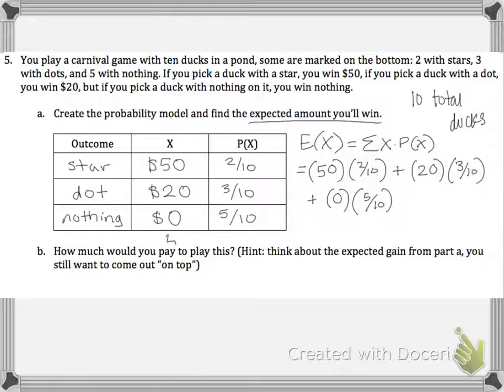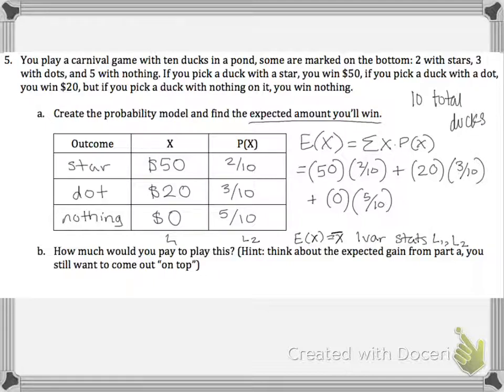I mean x in list 1 and p of x in list 2, and then E of x is x bar under 1-Var Stats on L1, comma L2, okay?